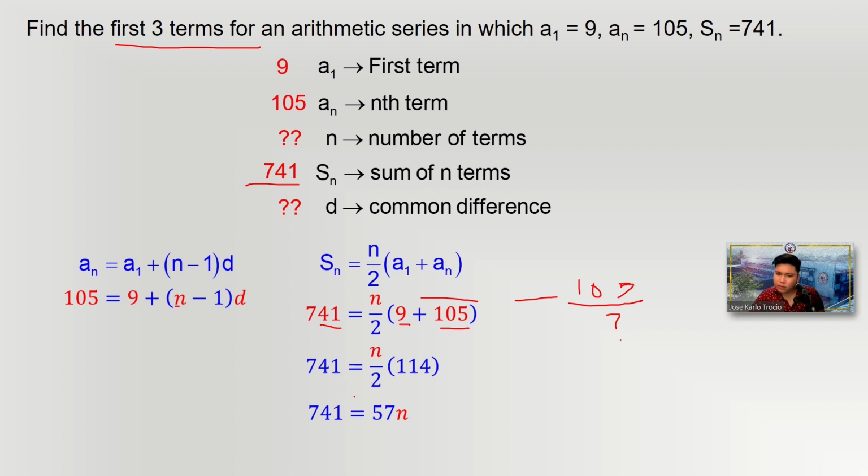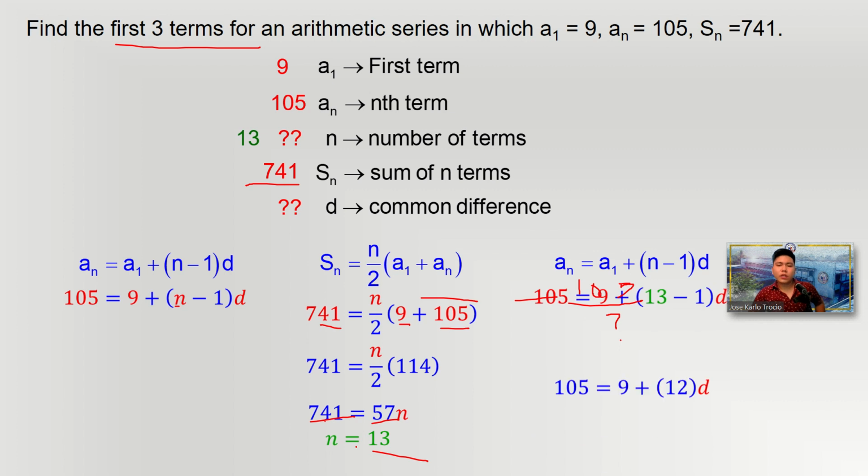Divide by 57. 741 divided by 57 is 13. Therefore, n is 13.